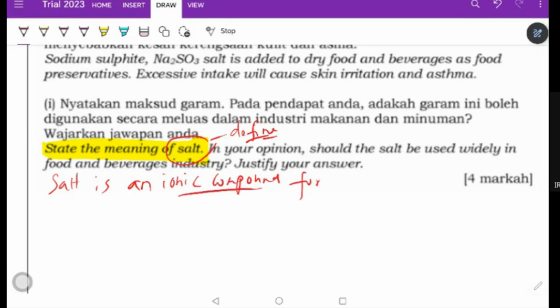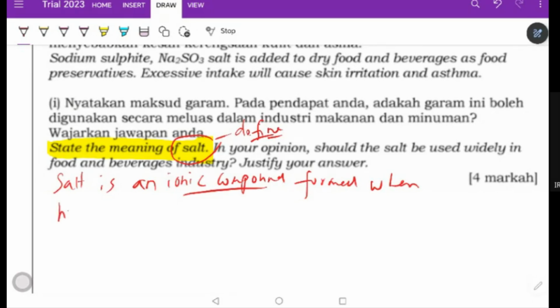Formed when hydrogen ions from acid are replaced by what?